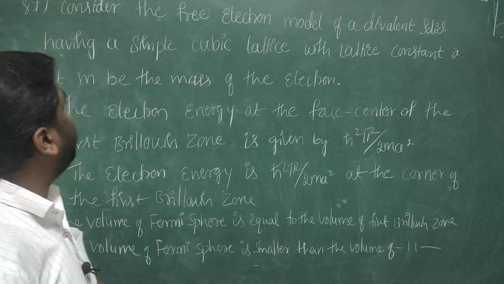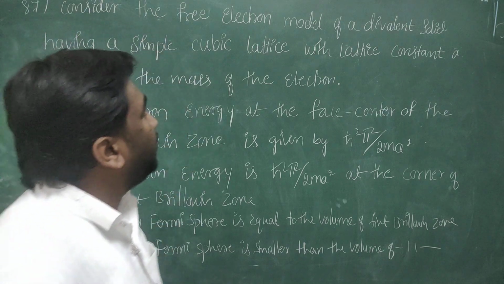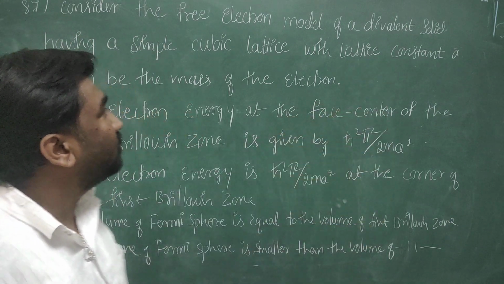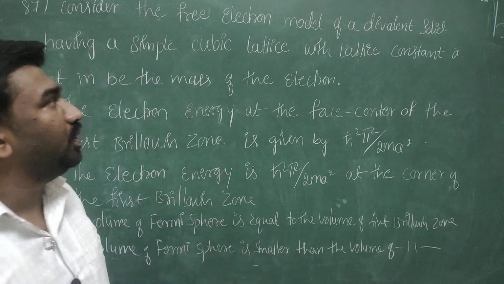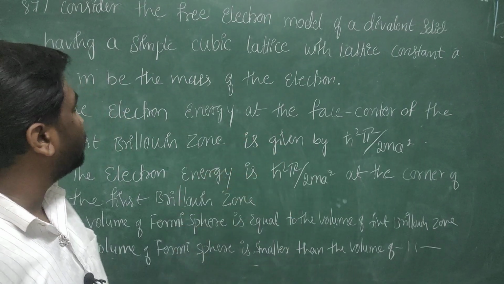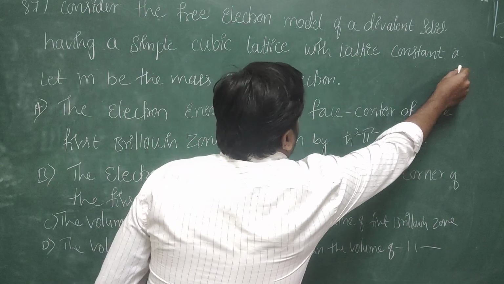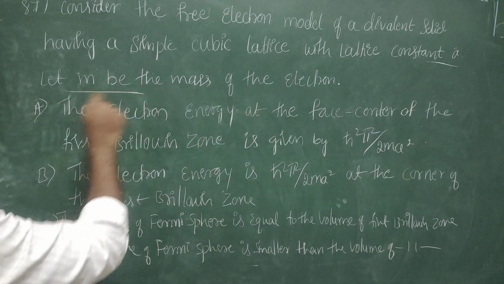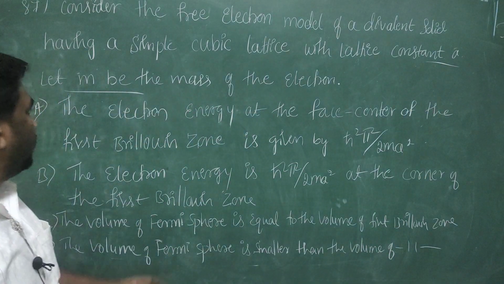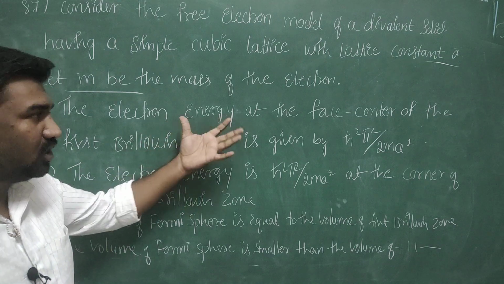So this is question number 87. Consider the free electron model of a divalent solid having a simple cubic lattice with the lattice constant a, and let m be the mass of the electron. These are the options given.